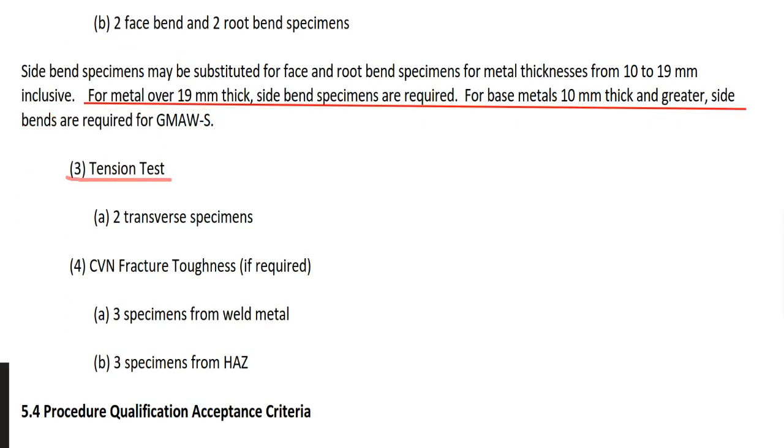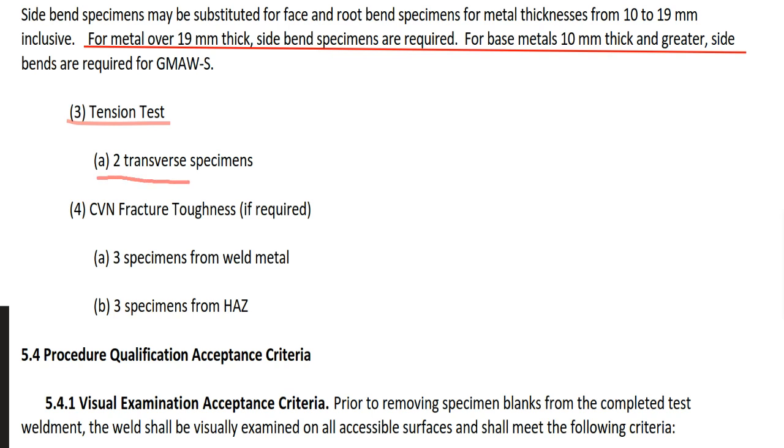Number 3, tension test: 2 transverse specimen tension tests are required. And number 4 is CVN, Charpy V-notch fracture toughness. If required, 3 specimens from weld metal and 3 specimens from HAZ.